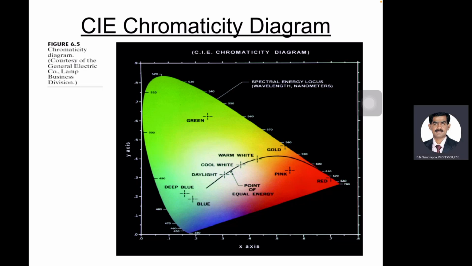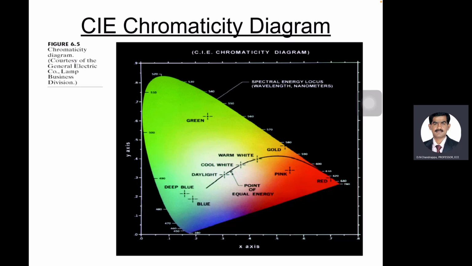First, we have the RGB color model. Black is at the origin, and white is the corner farthest from the origin.